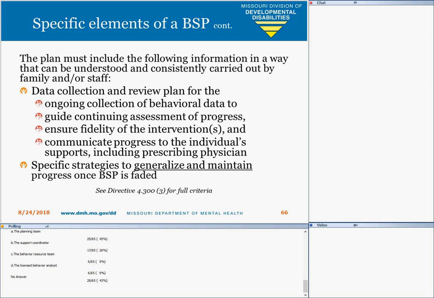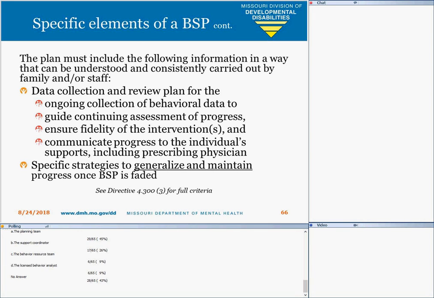So are the strategies being used as designed, and that communicate the progress to the individual support team, including the prescribing physician. The physician can choose whether or not to look at it, but that doesn't mean we don't present the information.